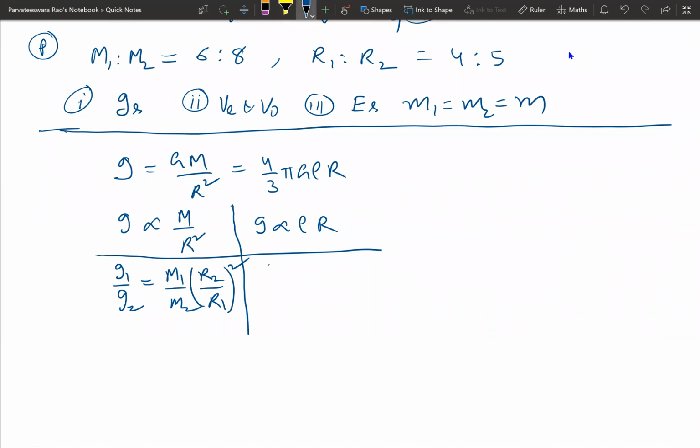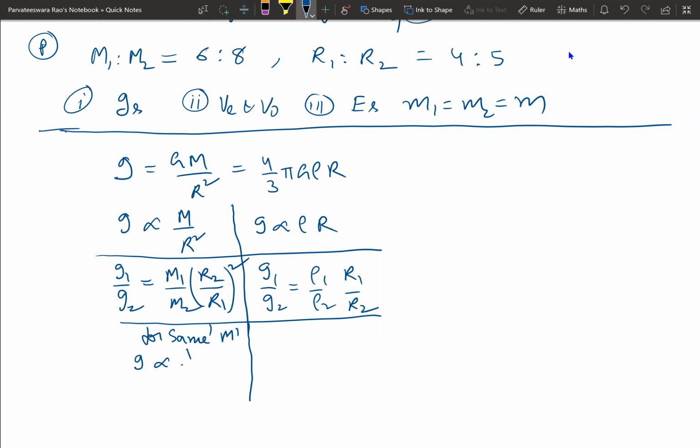Coming to this, sometimes you'll be given densities ratio. So rho 1 by rho 2 into R1 by R2. Suppose two planets are having equal masses. Then g varies directly as 1 by R square.